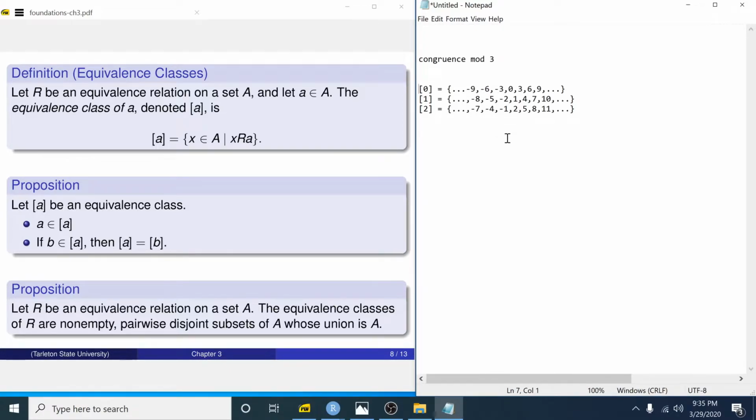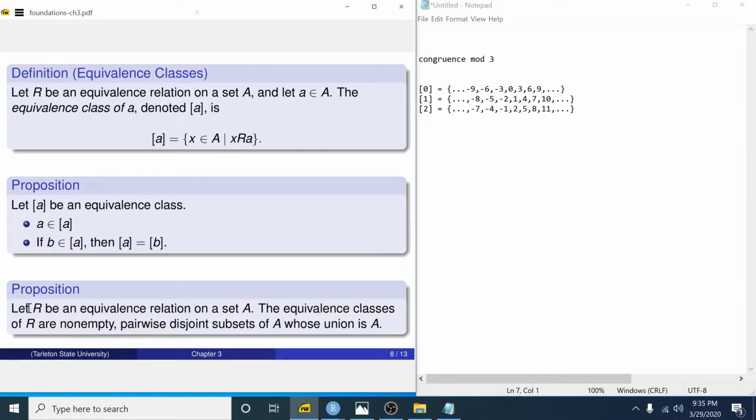Another thing to point out is that all of these equivalence classes are non-empty, so none of these are empty sets. And also, they don't intersect at all. They're completely disjoint sets. And in fact, that's what this proposition at the bottom says.